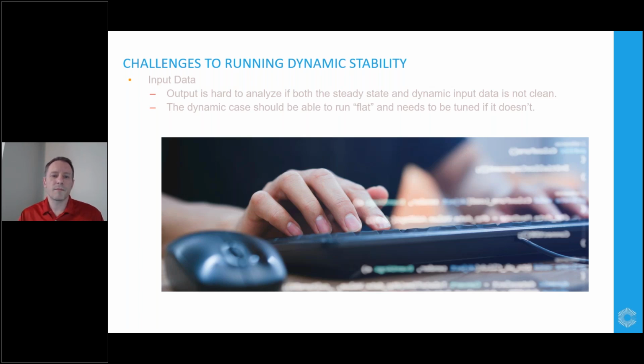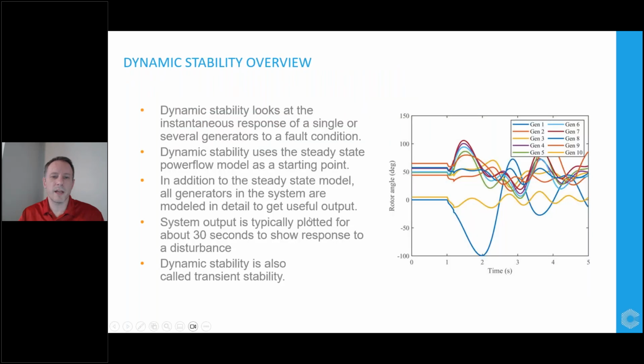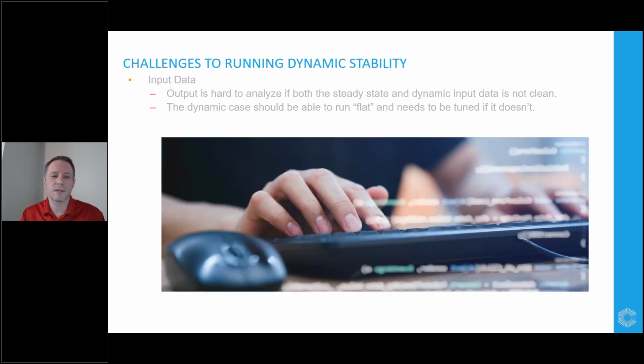The graph I showed on the previous screen, if you don't have a disturbance, if there's no fault on the system, most of these lines should just be straight lines. That's what they call a flat start, where basically everything is steady state if there's no disturbance.